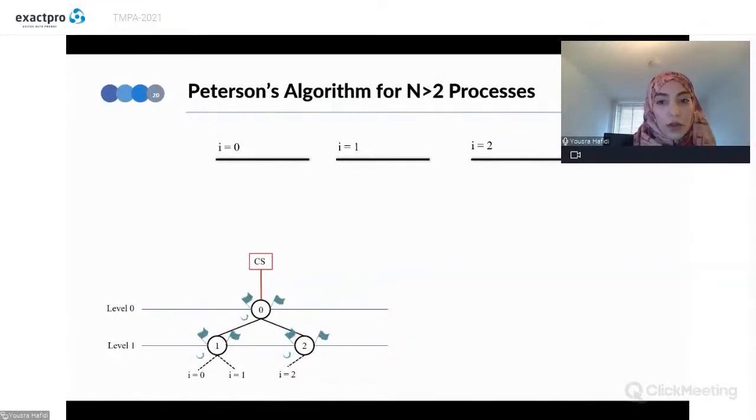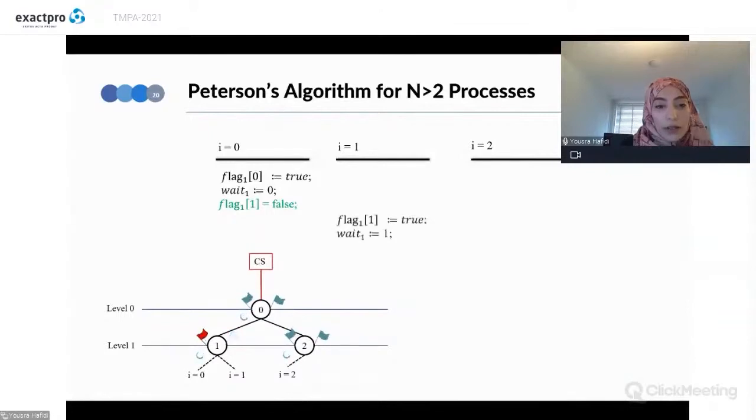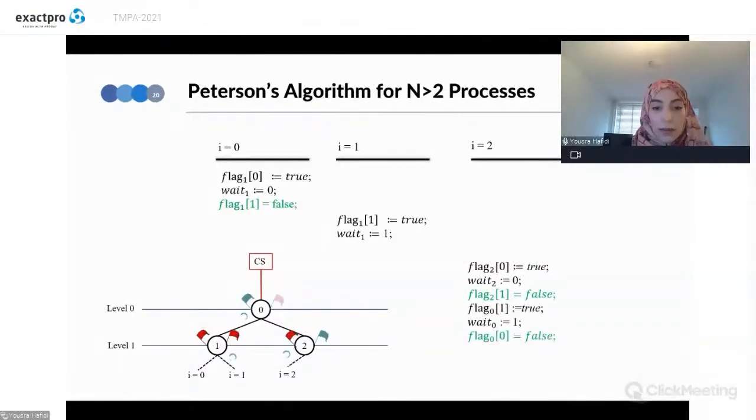Process 0 requests access to its critical section, then it sets its flag to true and the weight to 0. Then process 1 also sets its flag to true and the weight to 1, so it requests too, and then process 2 comes and also requests.